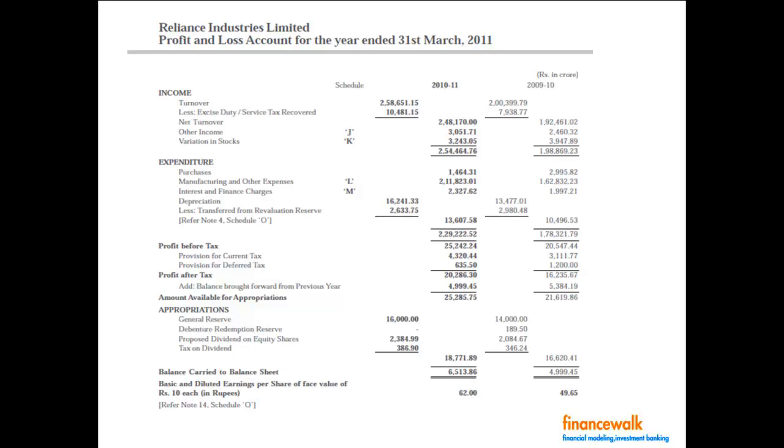So definitely there is an increase of rupees 12, which is greater than 20%, around 25%, which I would say is definitely a good figure. This is just a snapshot of the profit and loss account, and we'll see each of these items in detail now.